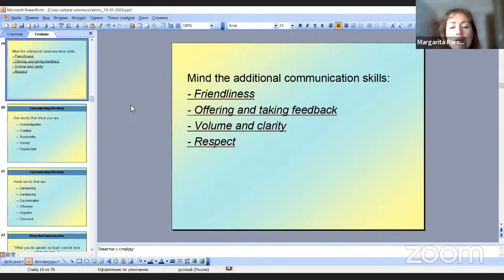Offering and taking feedback, which I also mentioned, is like back-and-forth communication. If some people in this process are not very active to speak, you just offer feedback and ask questions.